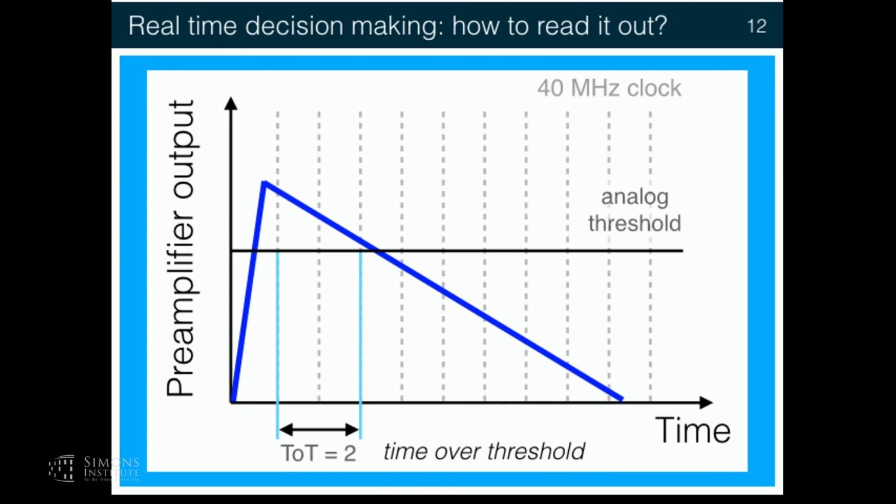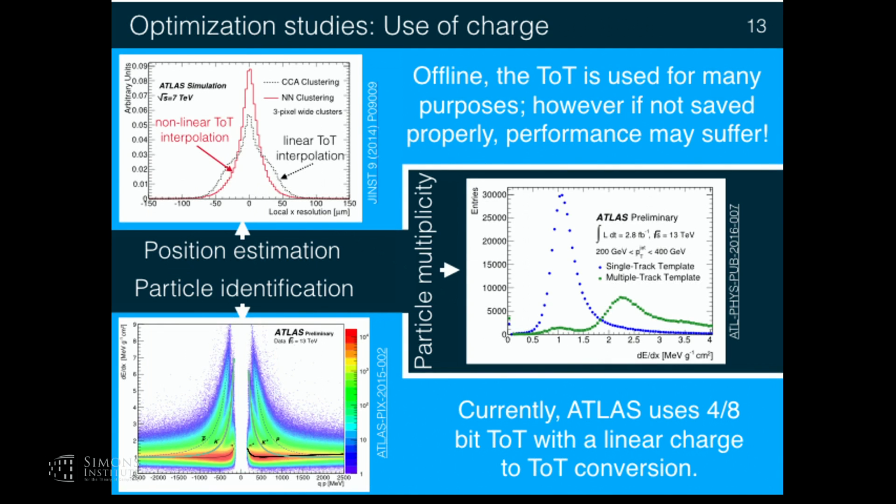But there's a lot of choices we can make here. For instance, how many bits do I record? I can have some sculpting, so I don't have to make it linear, charge to TOT. I have lots of choices here. And I just want to say that this charge information is critically useful. Offline, this TOT, this charge information, is used for many purposes. For instance, if you have charge information, you can do analog interpolation on the position of hits.